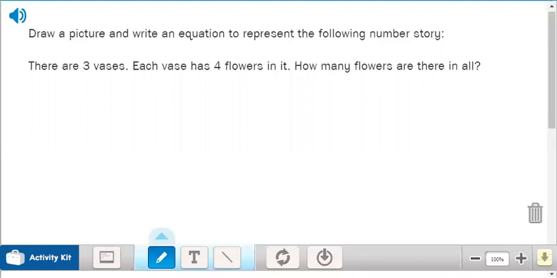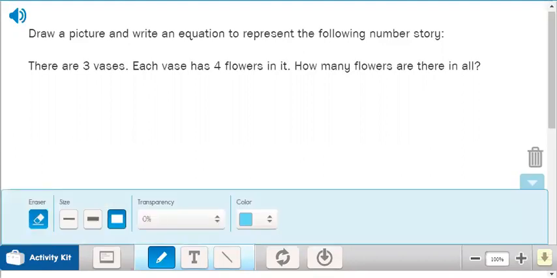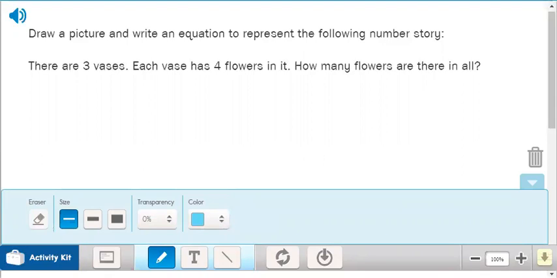And because there are 3 vases, I'm just going to draw this out as pictures first, because that's what it says at the top. Draw a picture and write an equation. So that's what we need to do first.